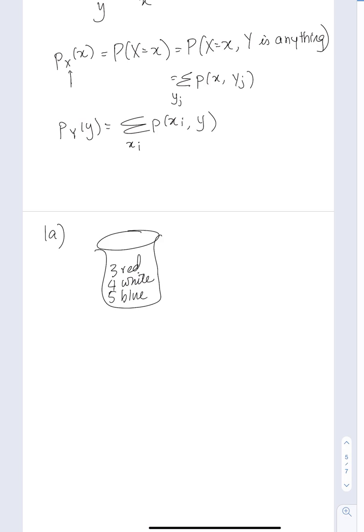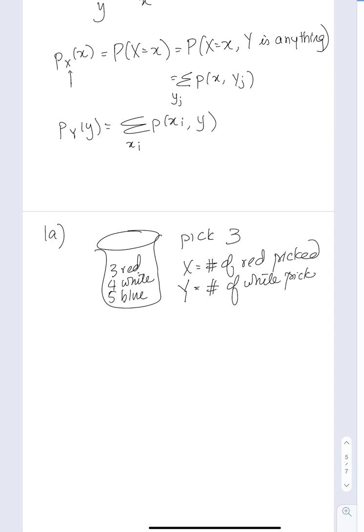All right, and you're gonna pick 3 from this urn. X will be the number of red balls picked, and Y will be the number of white balls picked. Okay, and what they want is to find the joint probability mass function of X and Y.